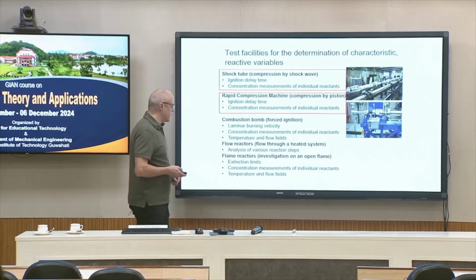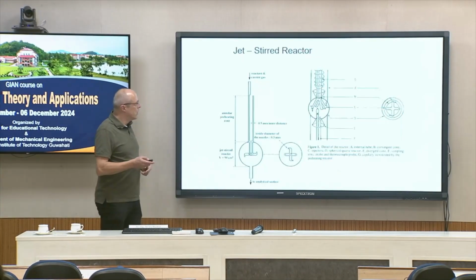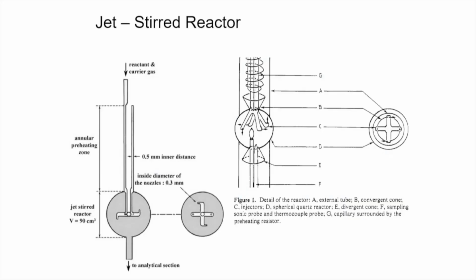Concerning the others, I would just briefly introduce this jet stirred reactor. This was not discussed until now. The idea is to have a perfect continuously stirred reactor. We have seen this yesterday in Cantera.